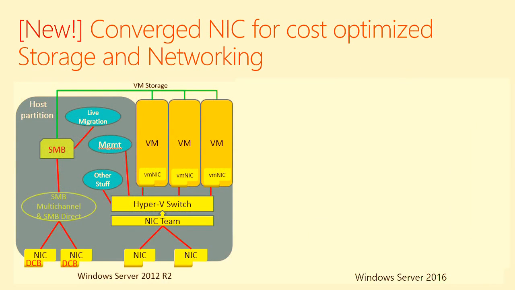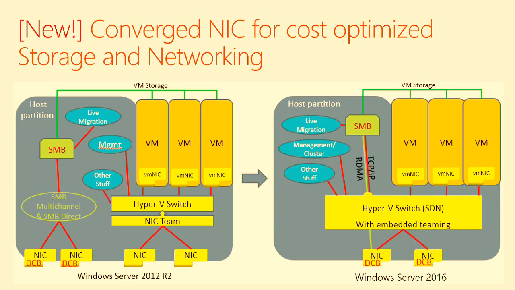So another thing is we talked about saving cost. In Server 2012 R2, we had to have two separate NICs, one for your RDMA traffic for the storage traffic, and one for the actual VM traffic. So with the ability to pump data up to 40 gigs, now we are able to consolidate both the RDMA traffic and also the VM traffic into the single NIC.